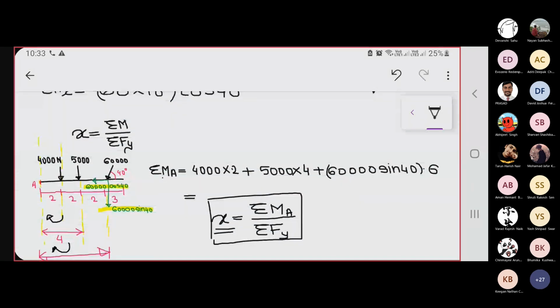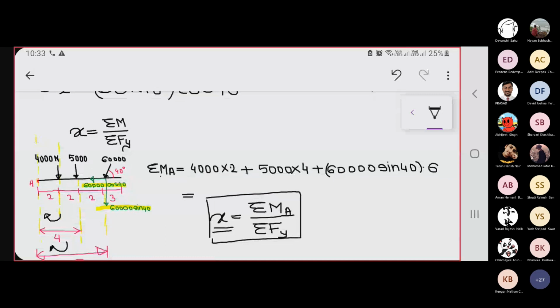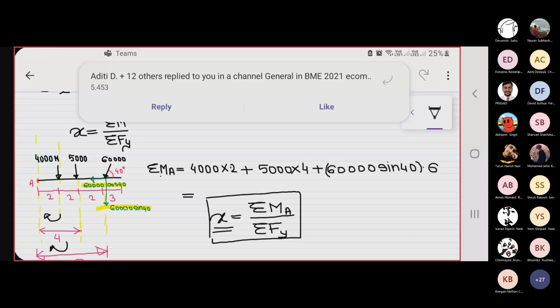Everyone, please solve this and give me the answer. Yes, so 5.453.